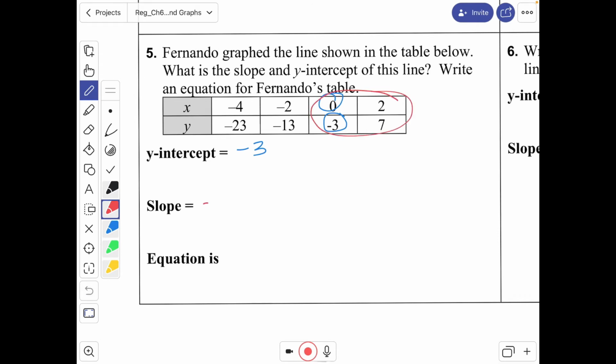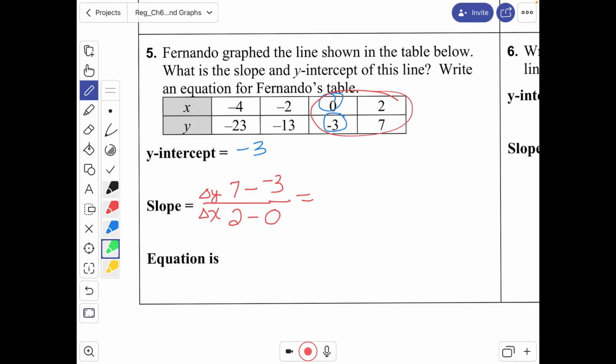Slope, you've got to pick 2 intervals. I'm going to pick these 2 on the end. And remember, it's change of y and change of x. So what's the y changing by? I'm going to do 7 minus -3. And the x that went with 7 is 2 minus the x that goes with -3 is 0.